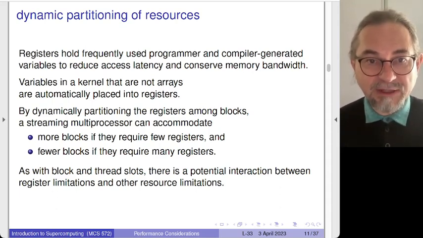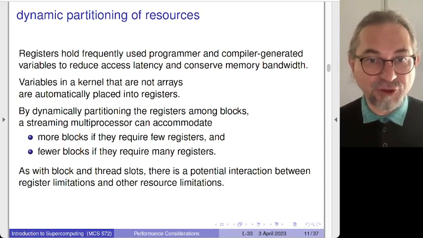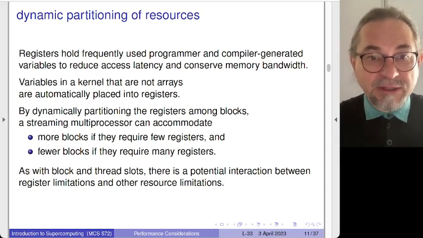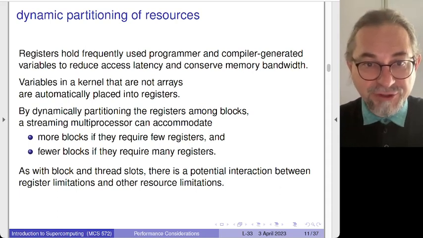So here is what I tried to explain when the previous slide was up. Registers are used for local variables. Shared memories are used for relatively short arrays. You can accommodate more blocks of threads if you have few registers.